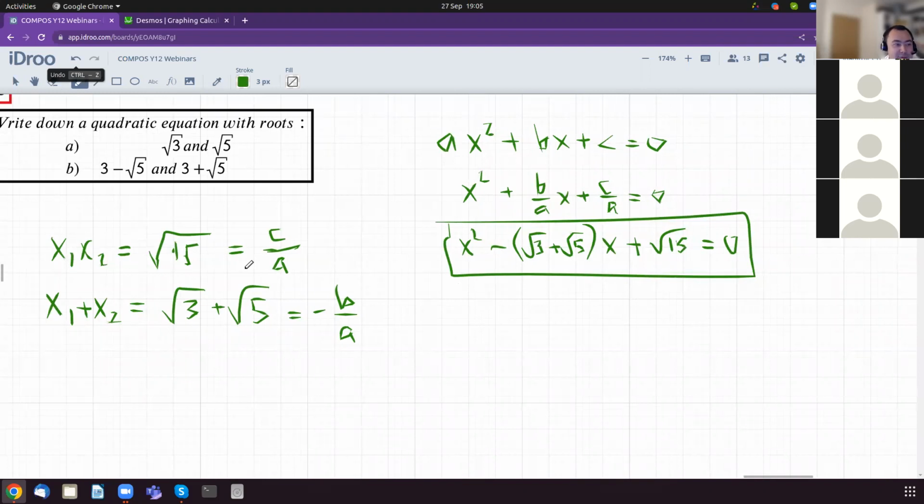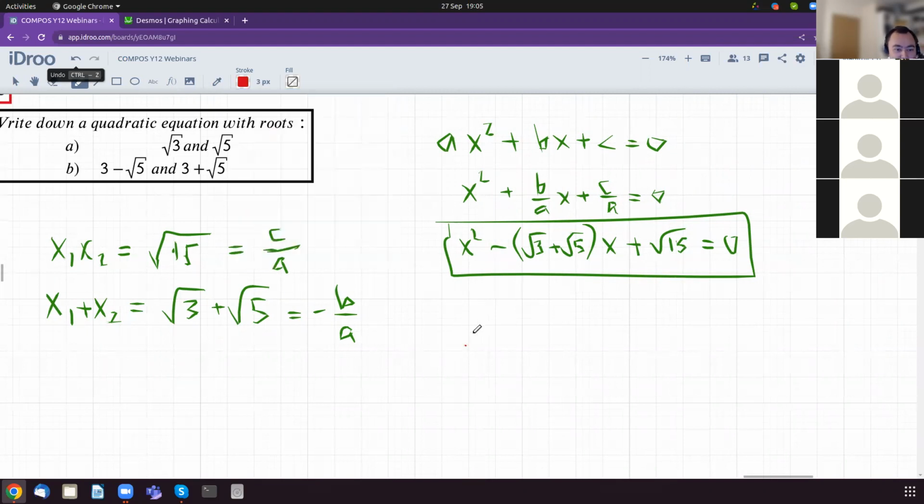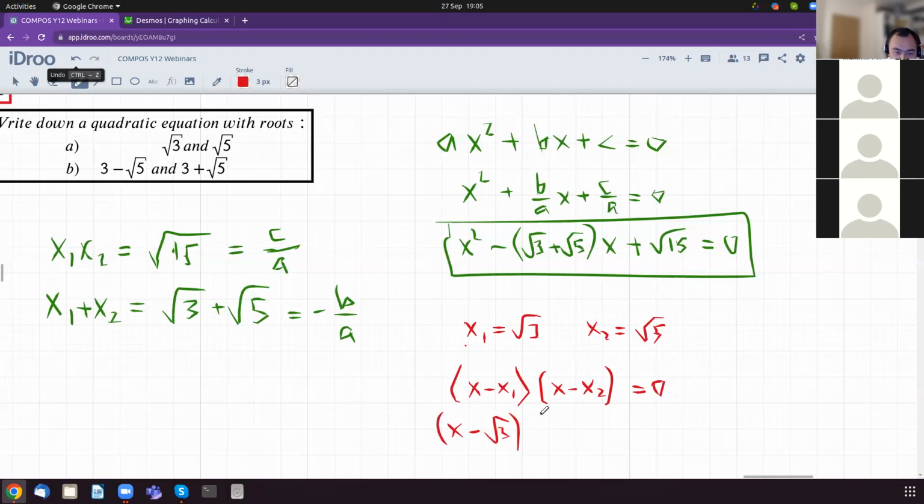Because if you're given two roots, x1 equals square root of 3 and x2 equals square root of 5, you can do it like this: (x minus x1)(x minus x2) equals 0. So (x minus square root of 3)(x minus square root of 5) equals 0.